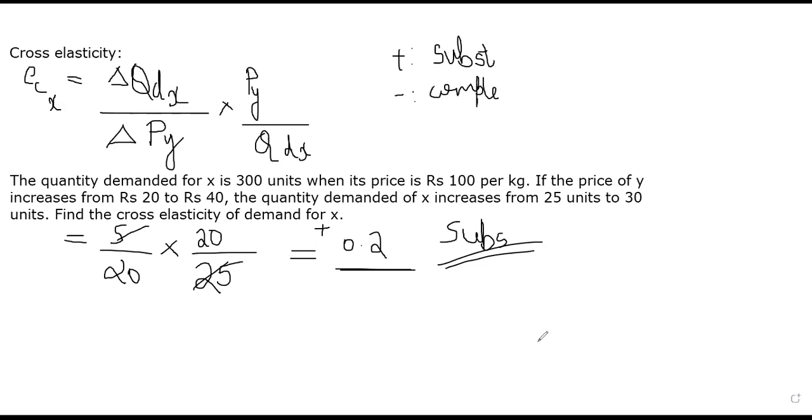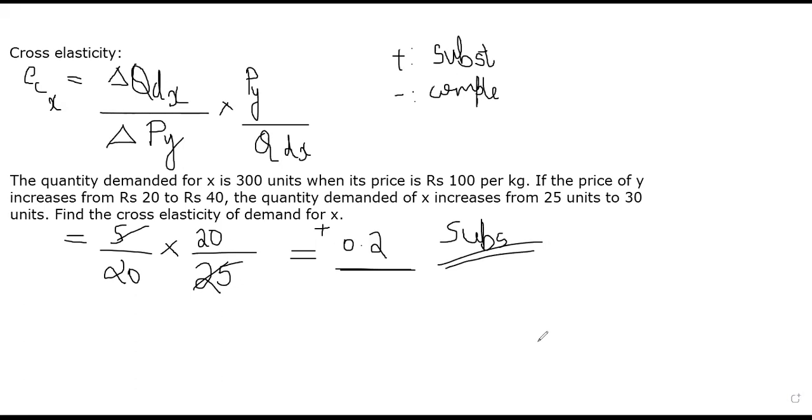Cross elasticity is also clear. Any confusions? With this, we have completed the demand side. We have covered what demand is, the law of demand, factors influencing demand, exceptions, expansion and contraction, shifting of demand, then the three elasticities.